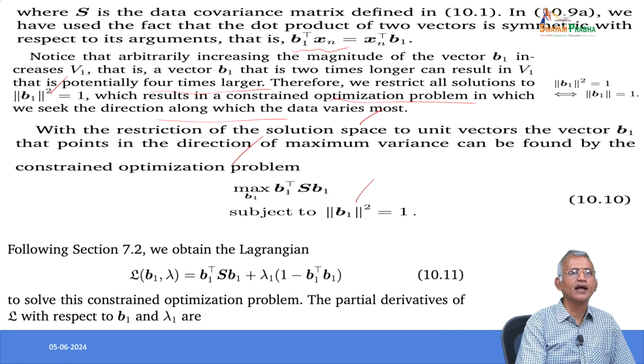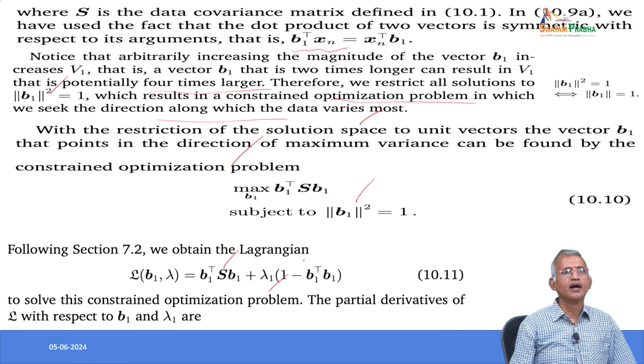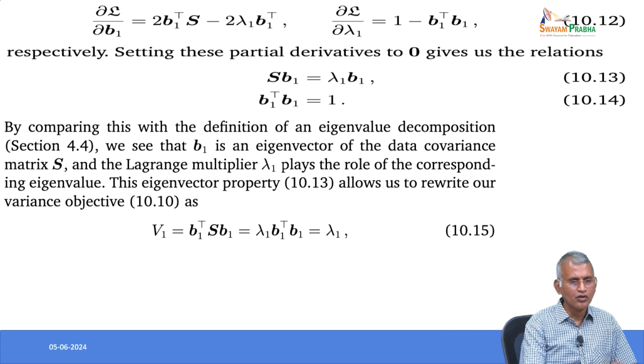So, we obtain the Lagrangian L of B1, lambda equal to B1 transpose S B1 plus lambda 1 of 1 minus B1 transpose B1, to solve the constrained optimization problem, and the partial derivatives of L with respect to B1 and lambda 1 are dou L by dou B1 equal to 2 B1 transpose S minus 2 lambda 1 B1 transpose, and dou L by dou lambda 1 equal to 1 minus B1 transpose B1, respectively.